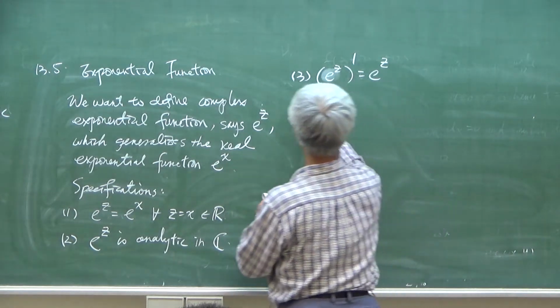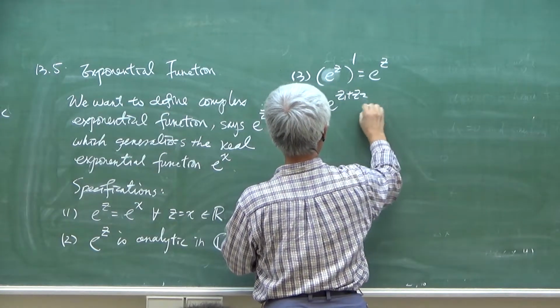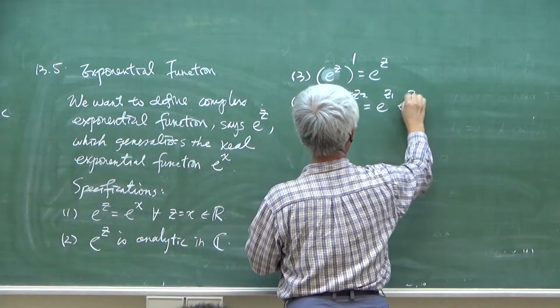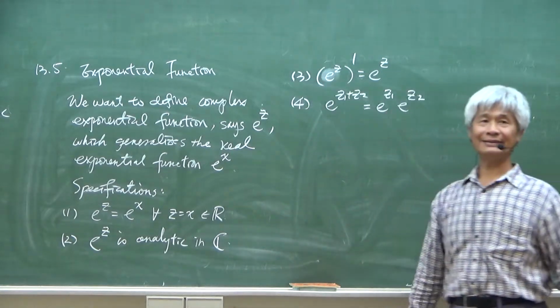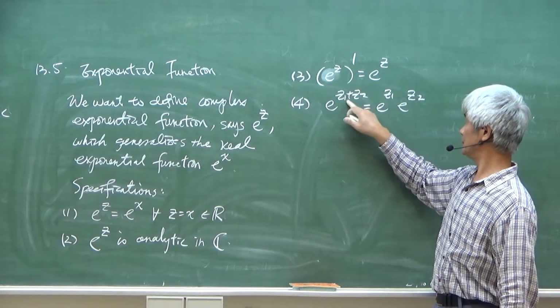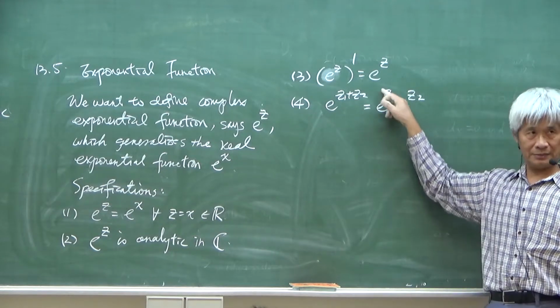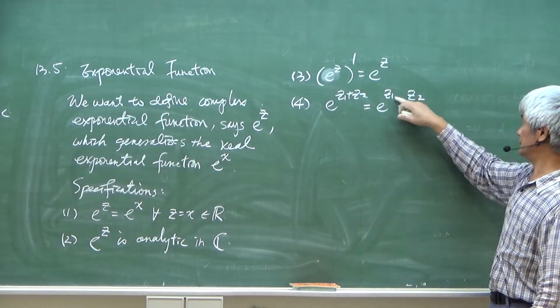And the fourth thing is, of course, we want the famous formula: if we have a sum of complex numbers in the exponent, then it becomes the product of the respective exponentials.